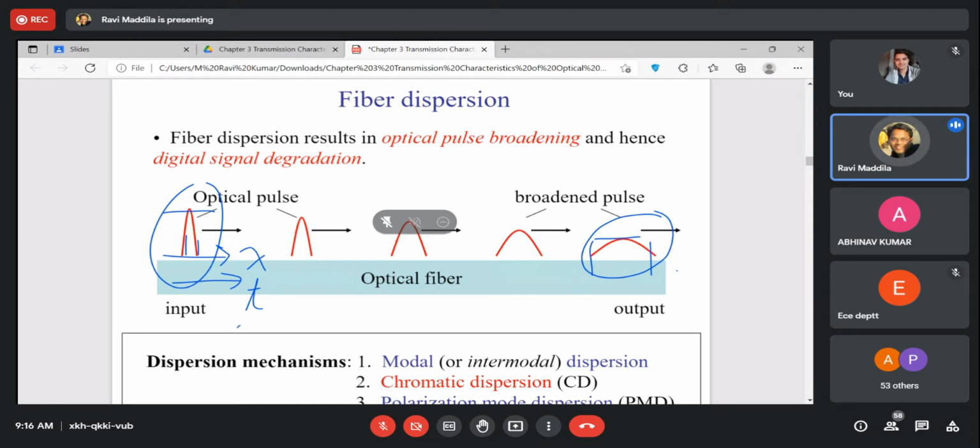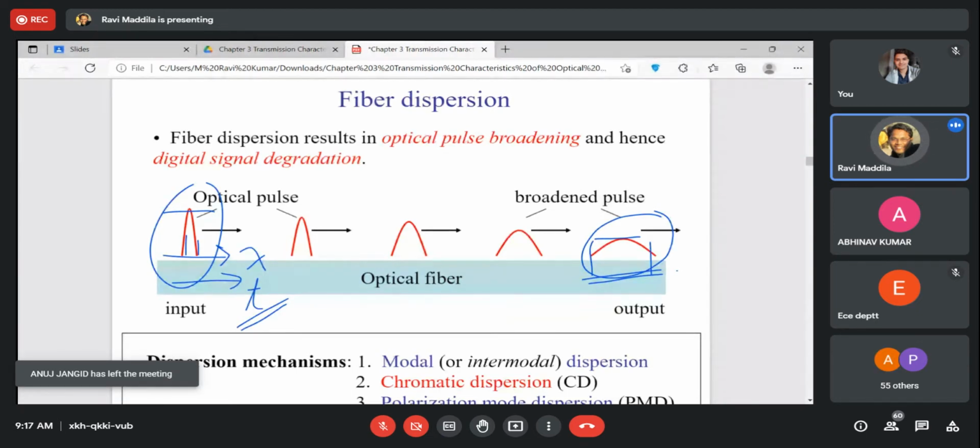When we look at fiber dispersion, time is the more critical factor here. So with the x-axis as time, we can see that the pulse is becoming broad, meaning you have the same power, but it is distributed over more amount of time.